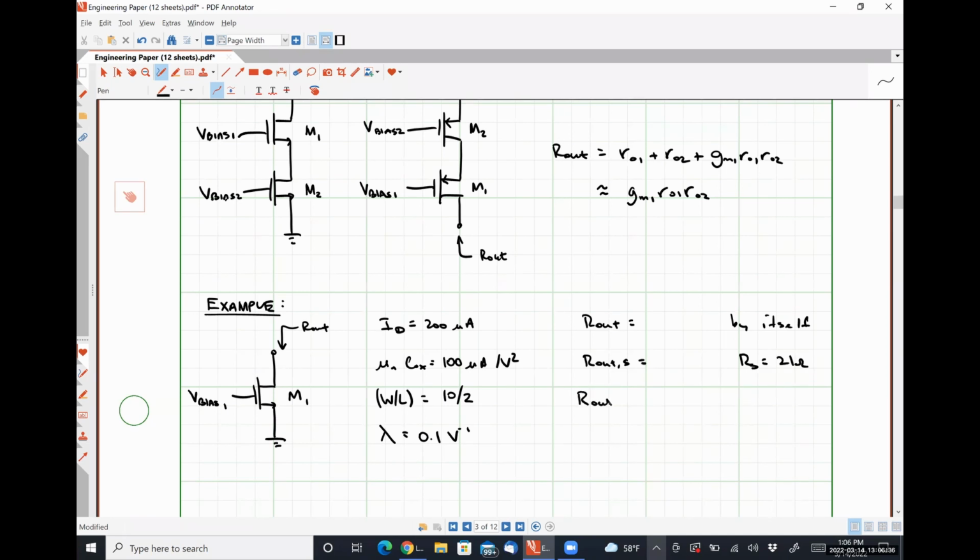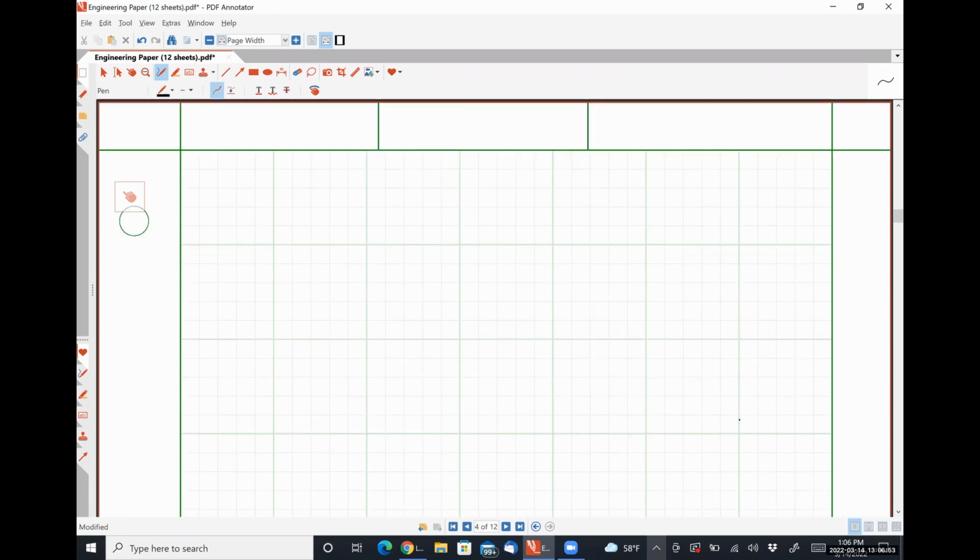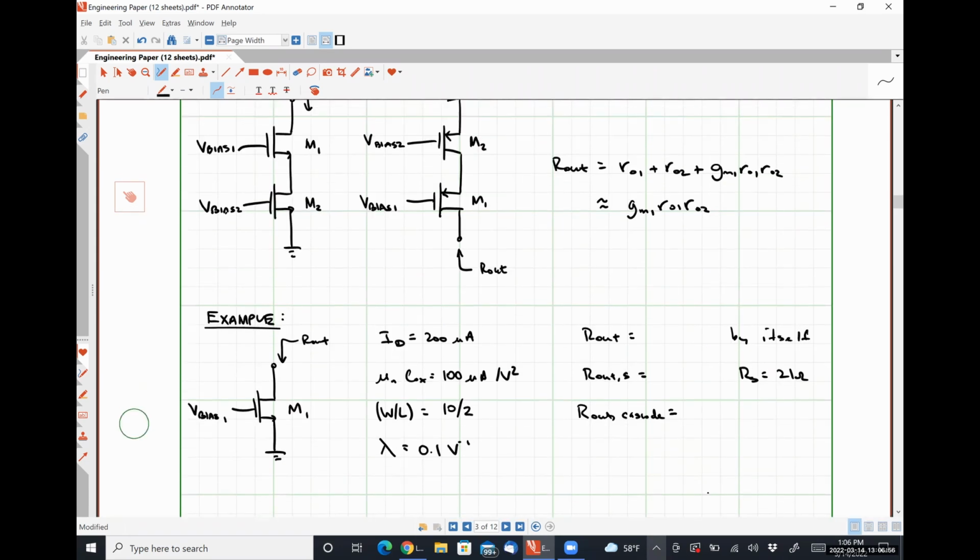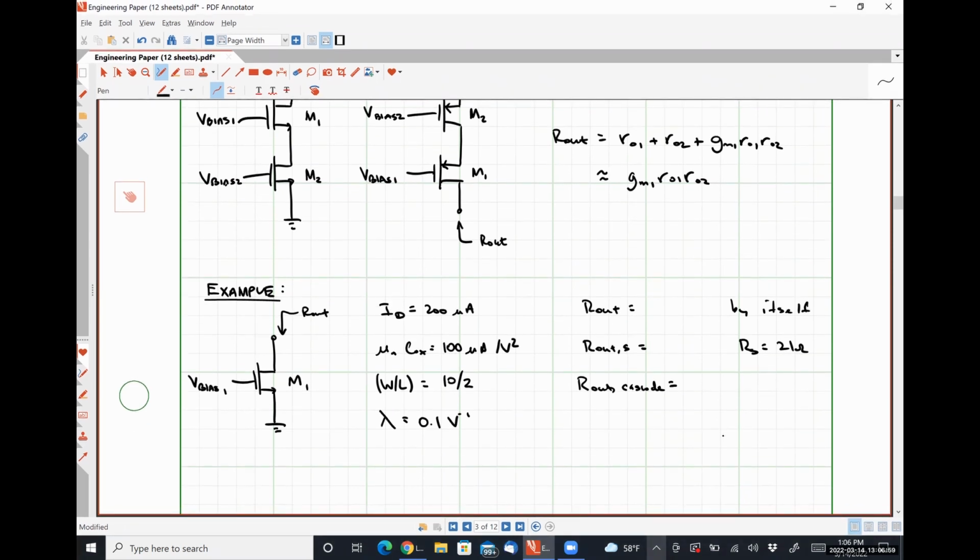And finally, when it's cascoded by an identical transistor. So, current source, oops, I'm kind of running out of room here, apparently. All right, so by itself, we know that R naught 1 should be 1 over lambda ID.